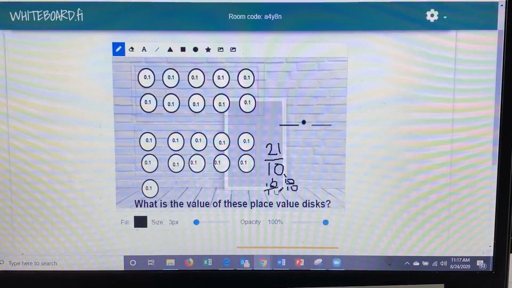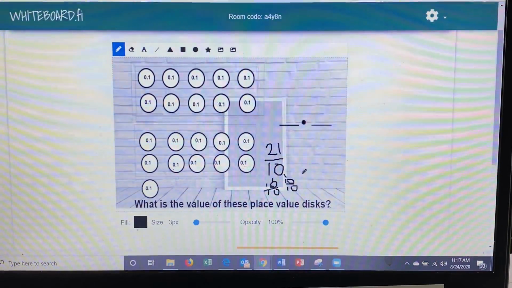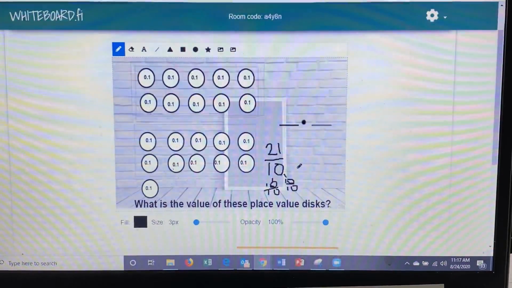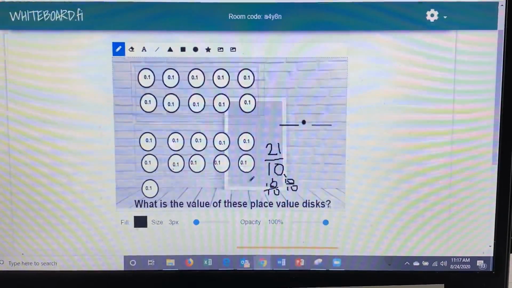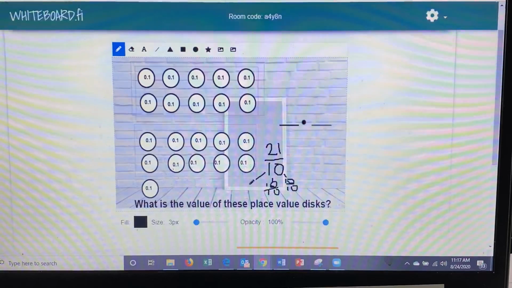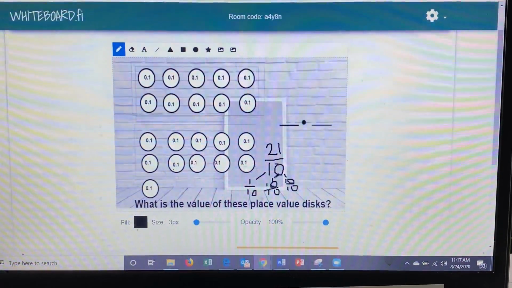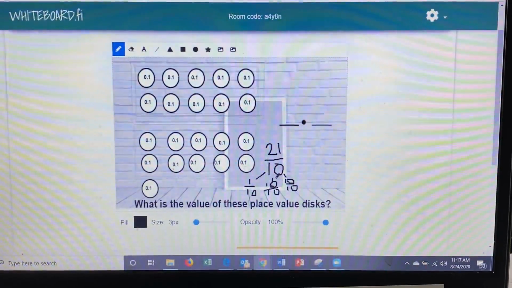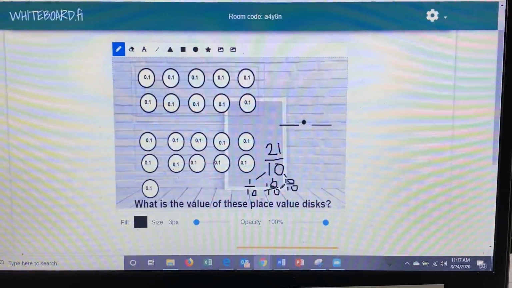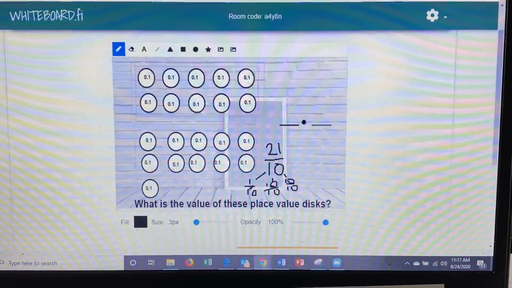Ten tenths. 10 and 10 gives me 20 tenths, but there was one more. So I'm going to write that as well. Here, I've broken down the 21 tenths into 10 tenths, 10 tenths, and 1/10.